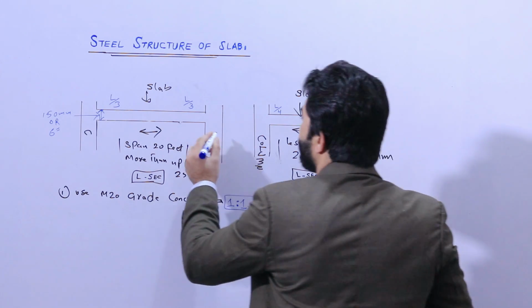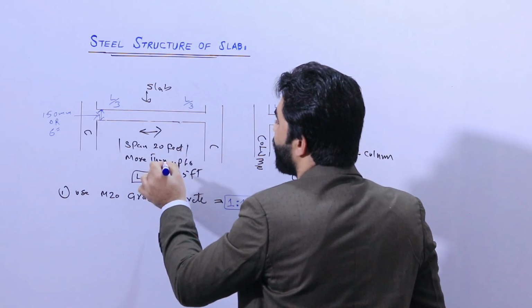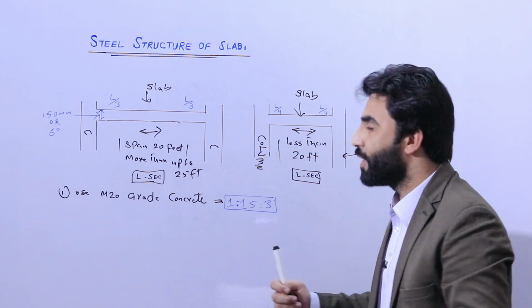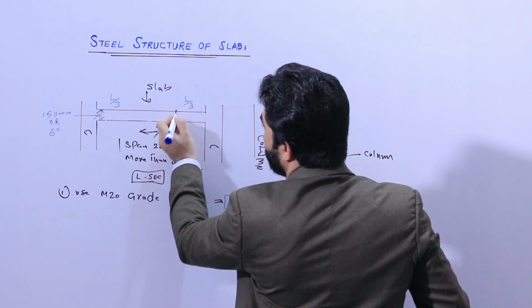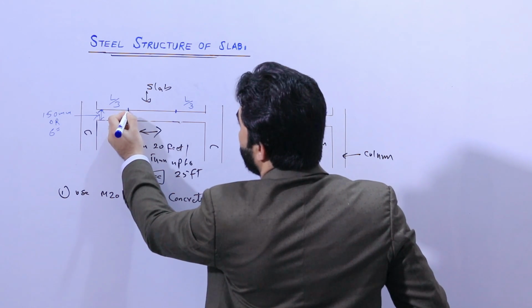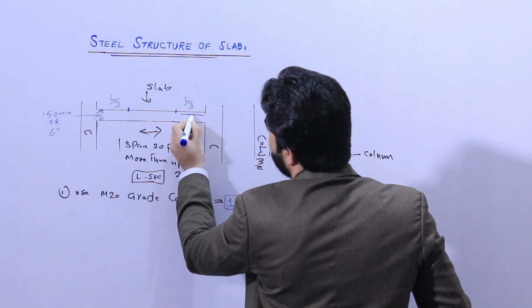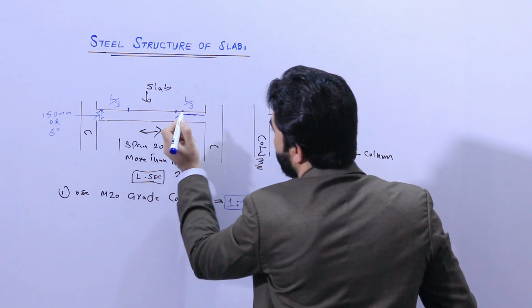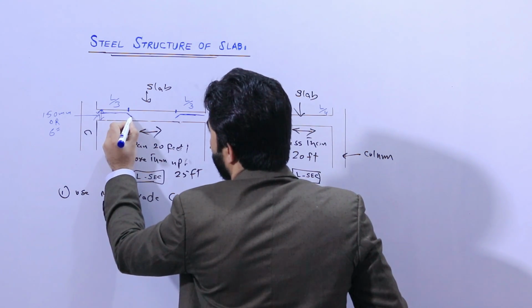Now we are providing steel reinforcement. L/3 means, for example, we have 21 feet. So for 21 feet, at a distance of 7 feet here and 7 feet here, we are providing a crank bar like this, or extra steel rod. Look here, from this side you can see clearly like this.